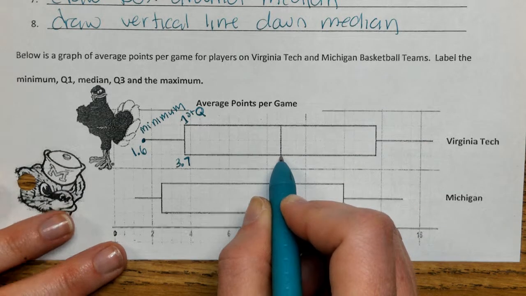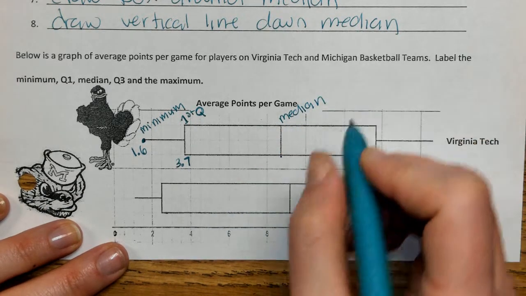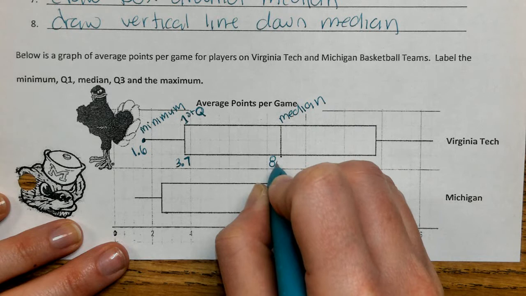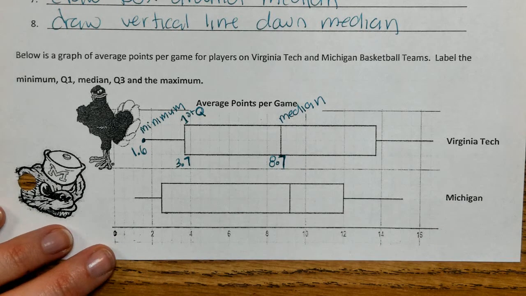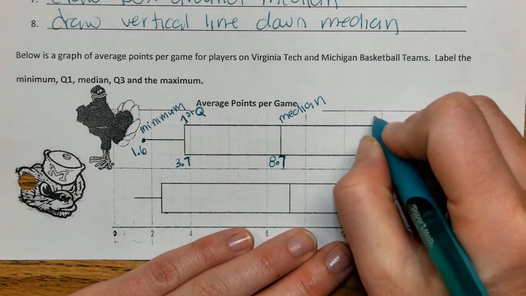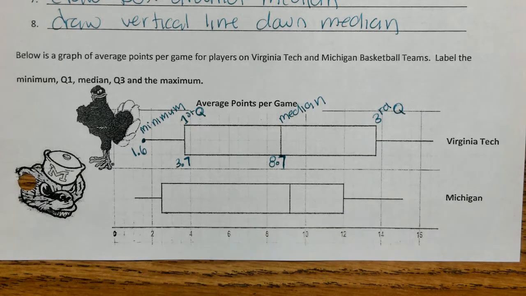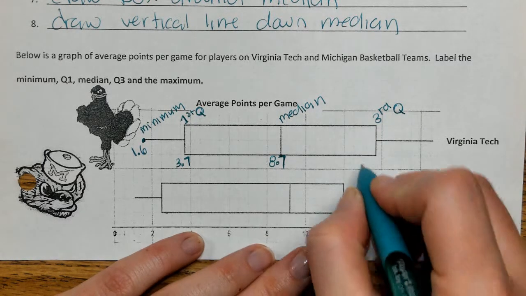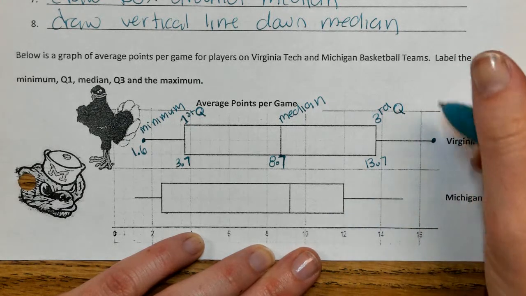What do we call this middle line? Median. It's 8.7. What do we call this line at the end of the box? Upper quartile, or third quartile. And what do we call this number at the very end?